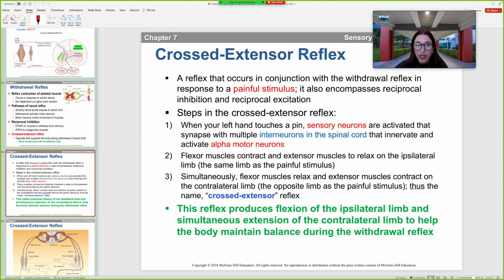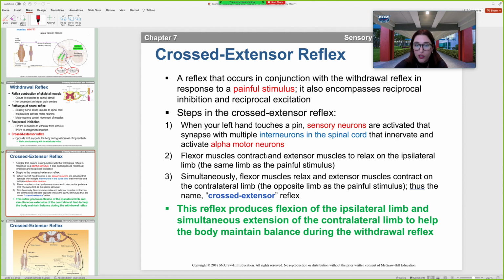We talked about that. When your left hand touches a pin, sensory neurons are activated that synapse with multiple interneurons in the spinal cord that innervate and activate alpha motor neurons. It's what we talked about so far with the other ones, right? With the GTO and the spindle.